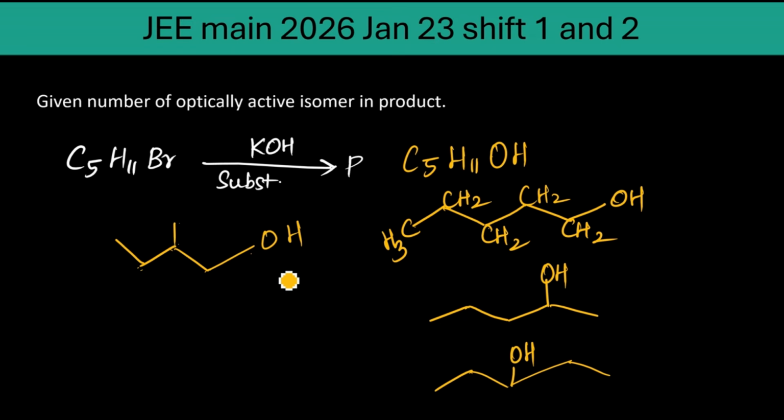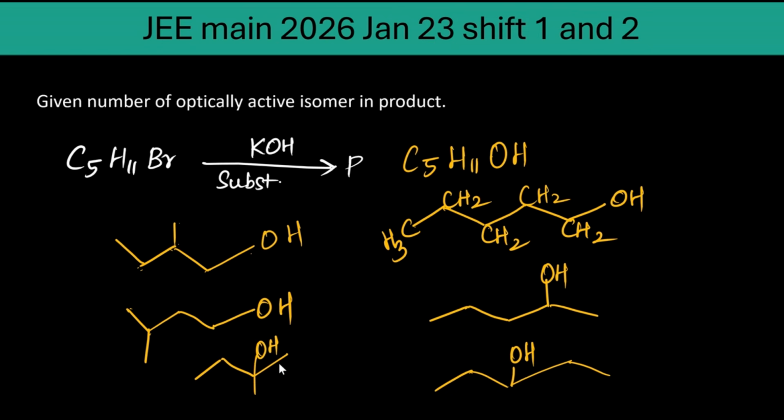Okay, 3-methyl butanol, 2-methyl butanol, and then other chances can be 1, 2, 3, 4. Can be present over here, and else I can have it on the same carbon.